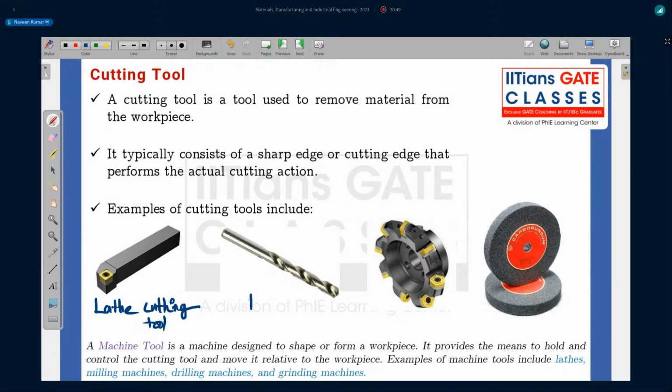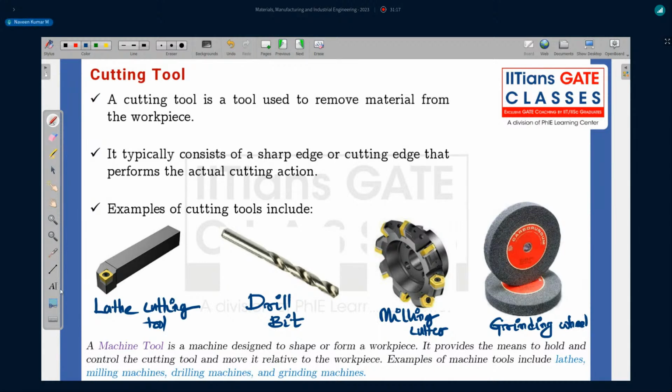This is drill bit. Milling cutter, face milling cutter. This is grinding wheel. Good. Right.